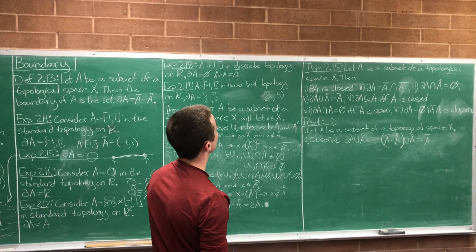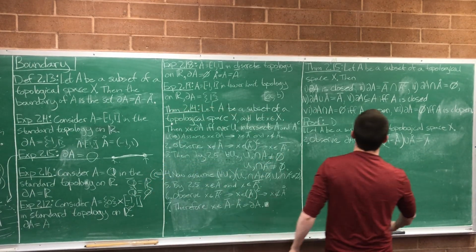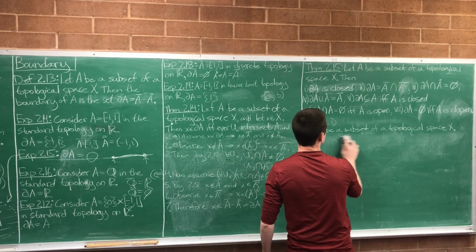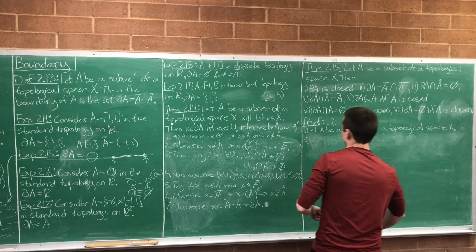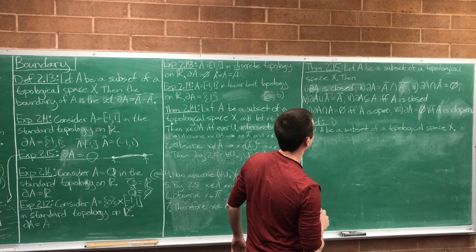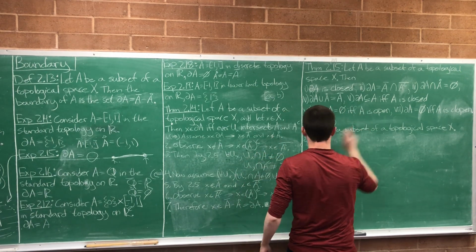Okay. Number 5. The closure is a subset of A if and only if A is closed. Okay, that one seems harder. So I'll go this way first.